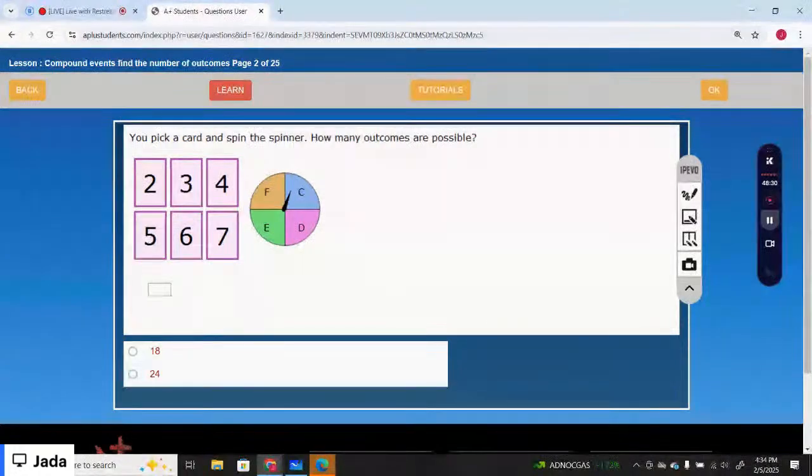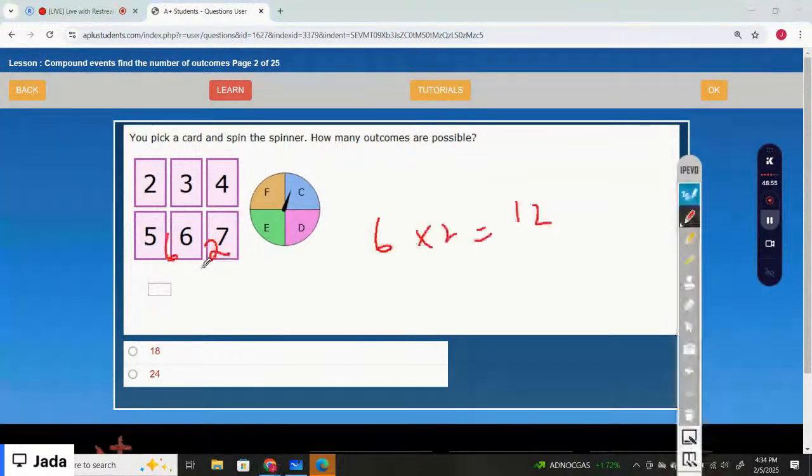You pick a card and spin the spinner. How many outcomes are possible? So you have 6 cards and 4 portions on the spinner.